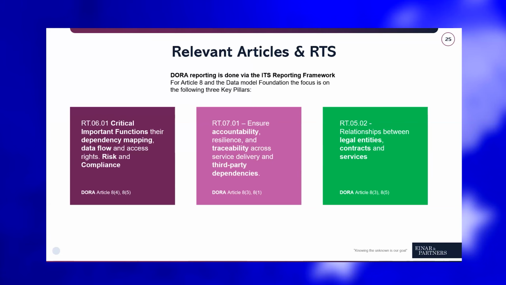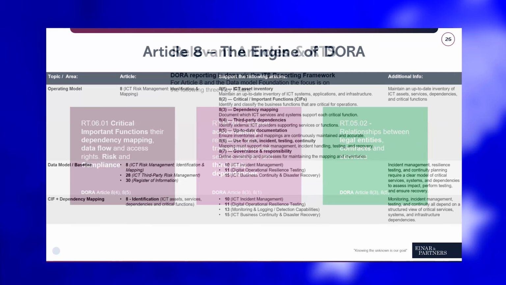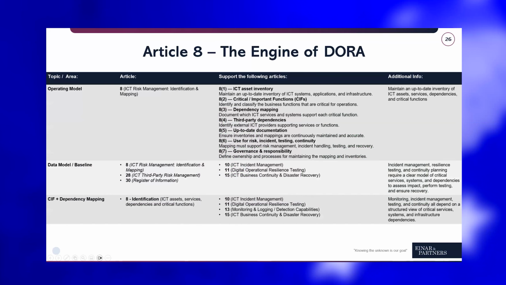So that's kind of the backbone of DORA Article 8, and where we see that the CMDB and CSDM can support. Then looking here, when we typically come in on a project, there are 3 areas that we support on that are very much aligned with DORA Article 8. So we help organizations to establish a clear operating model.